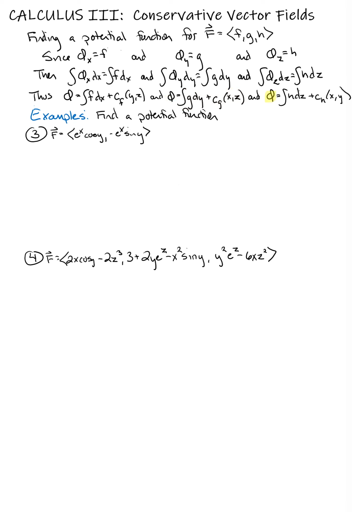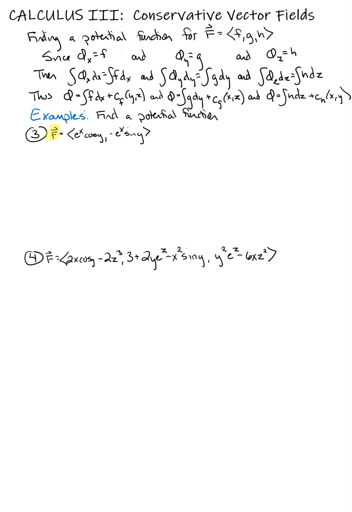And finally, I could integrate h with respect to z, but then my arbitrary constant could have x's and y's in it. So let's go through this whole process and see how to find a potential function.